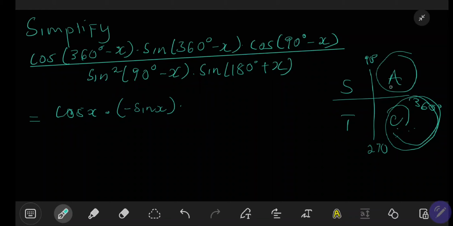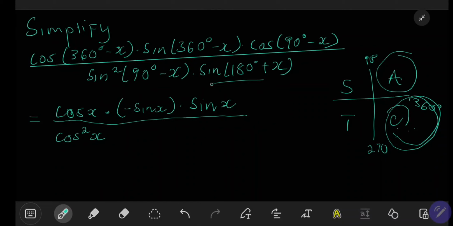Because these are in the first quadrant, all the trigonometric ratios are positive, so we're going to have positive, and this changes to sine of x. Then all divided by, now we work on the denominator. Still we're in the first quadrant, 90 degrees minus x, so this trigonometric ratio will change to its co-ratio, which is cos, and don't forget the squared here. Our reference angle is x.